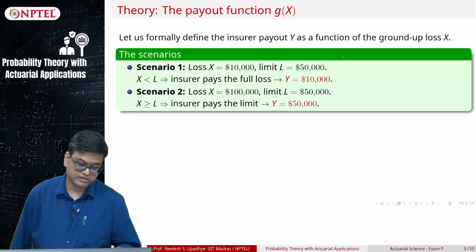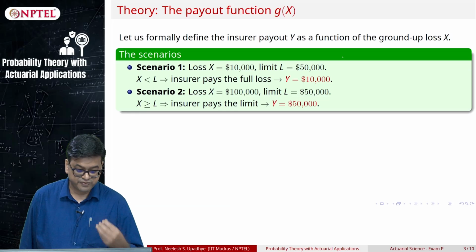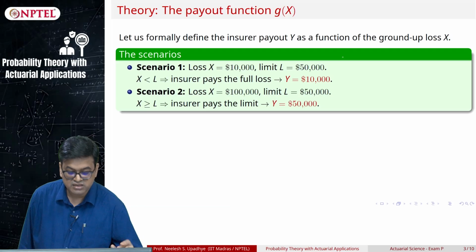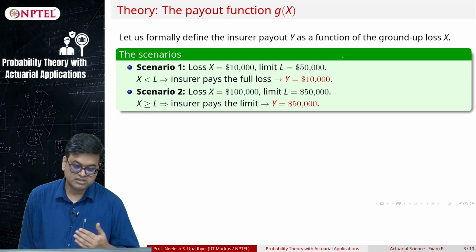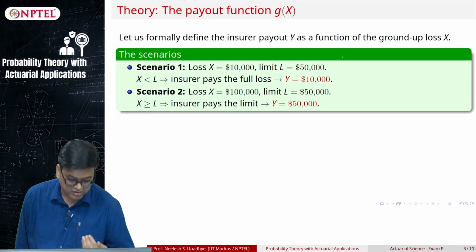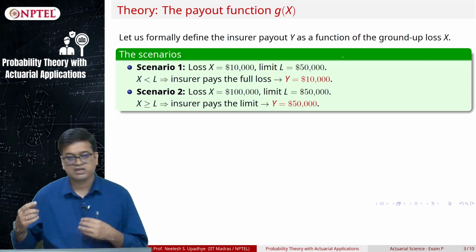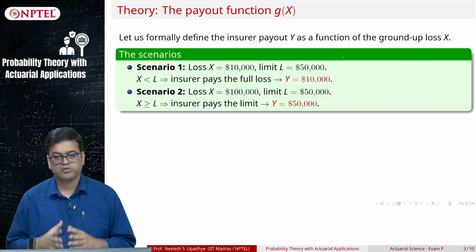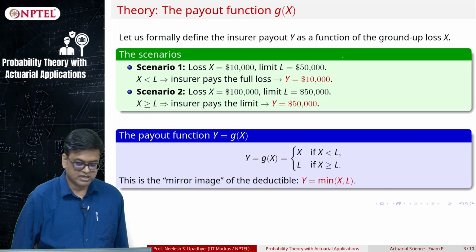Then the insurer pays only 50,000. If the loss goes to 1 million, still the insurer will pay 50,000. See the importance of this feature: no matter how big the loss of the customer, you are bound to pay only 50,000. That is the idea of the policy limit feature.